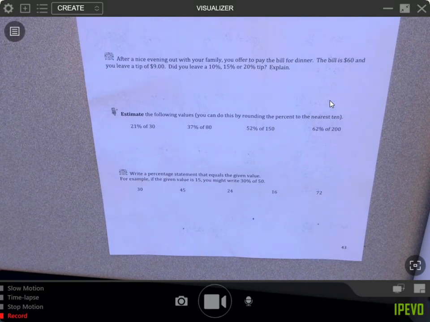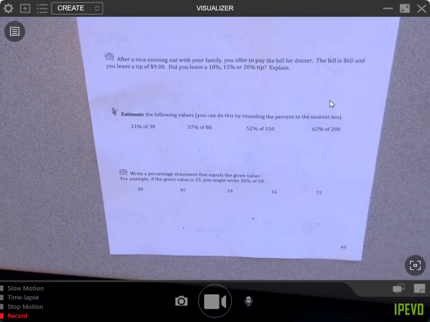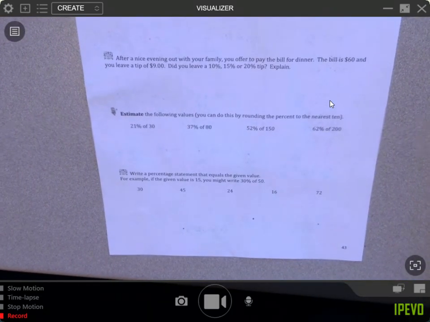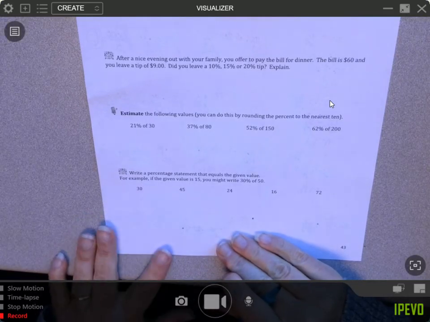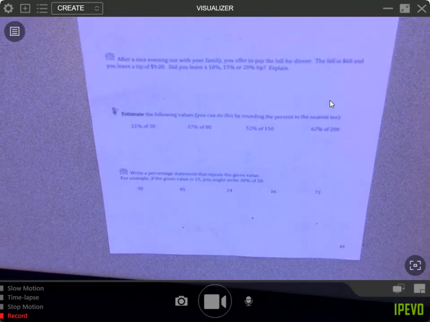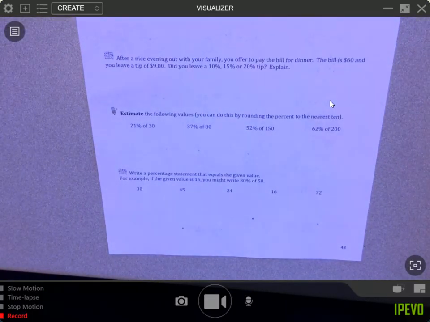And the very bottom, write a percentage statement that equals the given value. For example, if the given value is 15, you might write 30% of 50. So if their number is 30, can anybody think of something for 30?